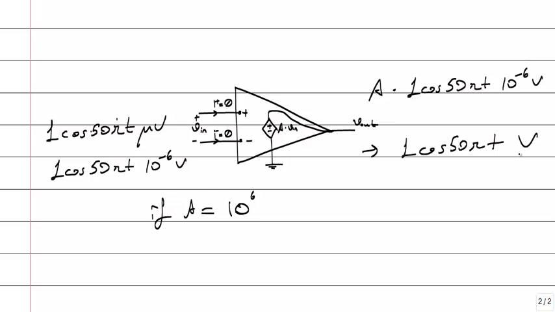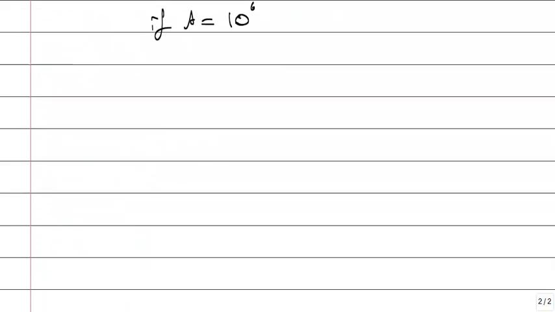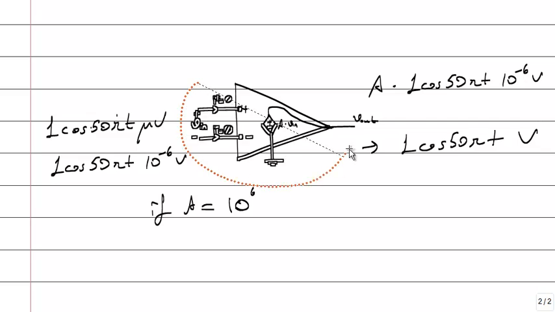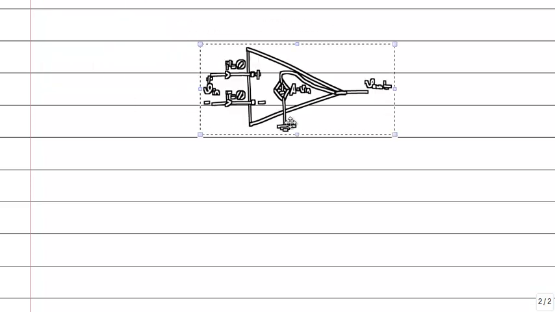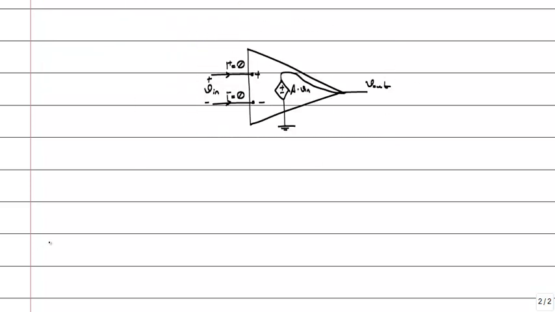Okay, where does this high voltage come from? At the input you have a very small voltage, but at the output you will see a very large voltage, 1 million times larger. This is your amplifier. You give small inputs, but you get a very large output.